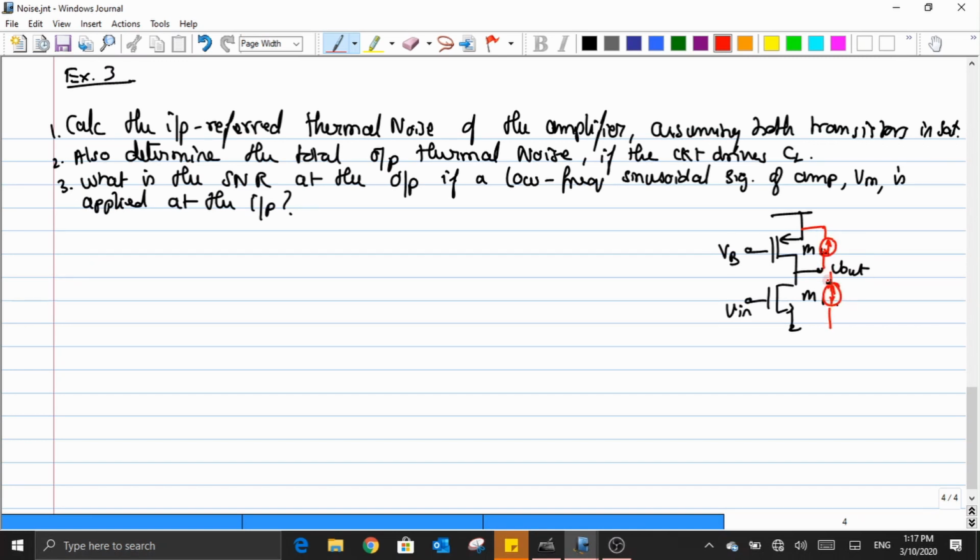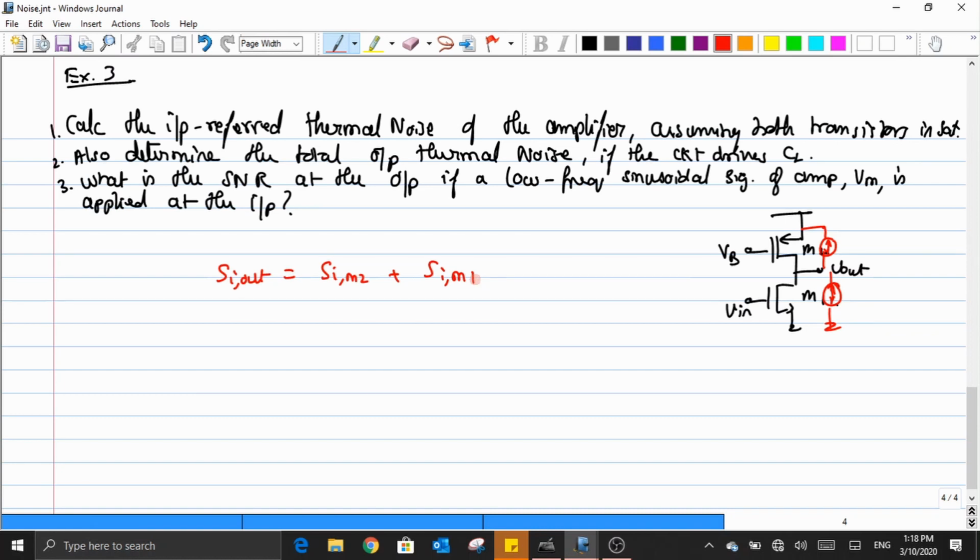So I could add them together in terms of power spectral densities. It is nothing but the power spectral density of this thermal noise due to M2 plus the power spectral density due to M1. Clear?